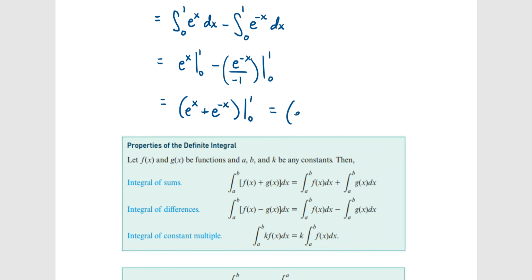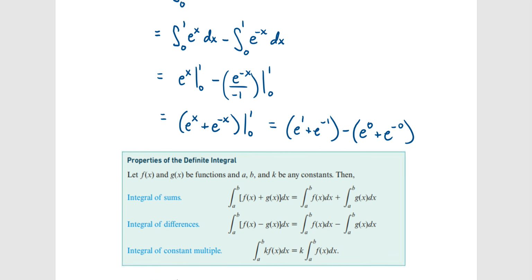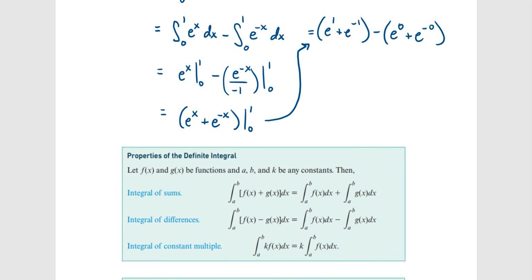That's going to be e to the first power plus e to the negative 1, minus, now we plug in 0, e to the 0 plus e to the negative 0. And we have to simplify it.